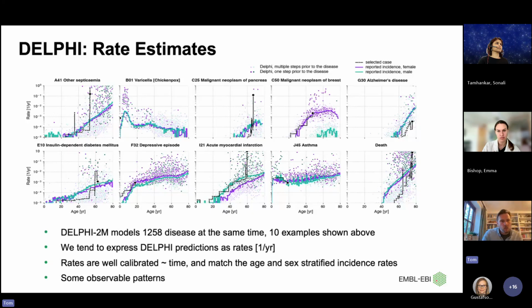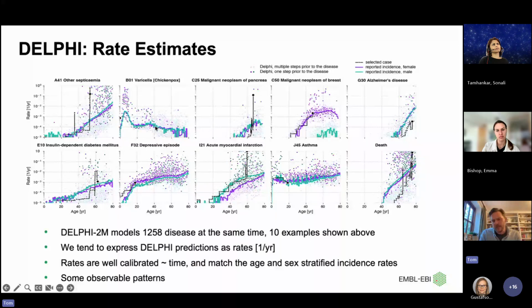Every dot here is an individual, colored by either male or female, across their age range, and the predicted rate of disease for those individuals at a specific point in time. And the lines you're seeing are the actual reported incidence of disease.